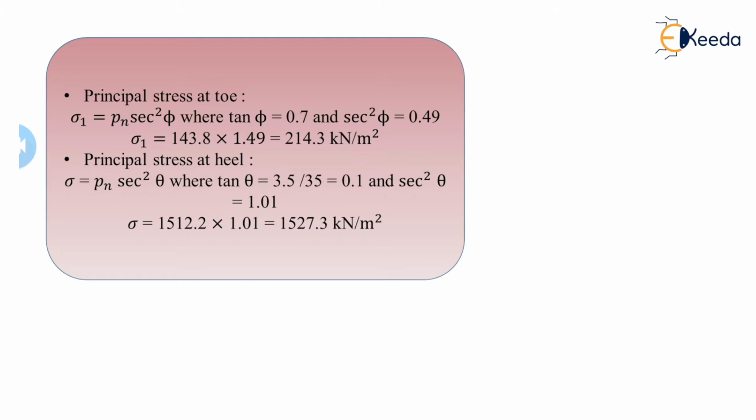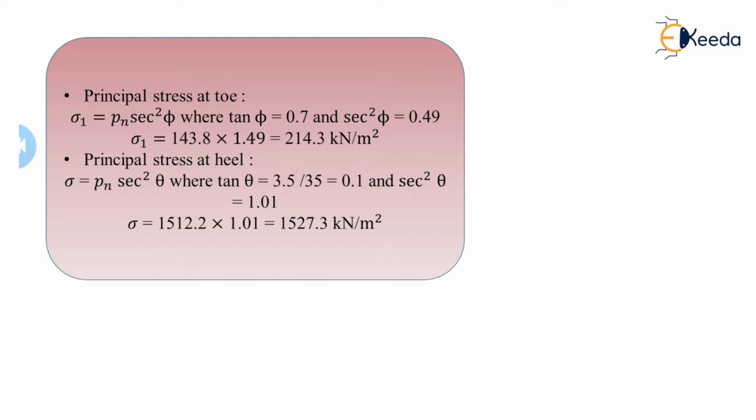So here sigma 1, the principal stress at the toe, will be the normal stress occurring at the toe section, Pn, into sec square phi. Here phi is the angle the slope makes at the downstream section. How will we find that phi? Tan phi is 0.7 divided by 1. So sec square phi is 1 plus 0.49.